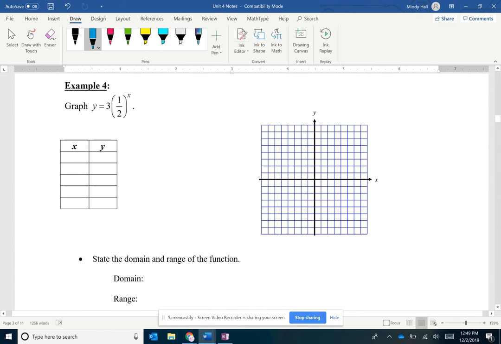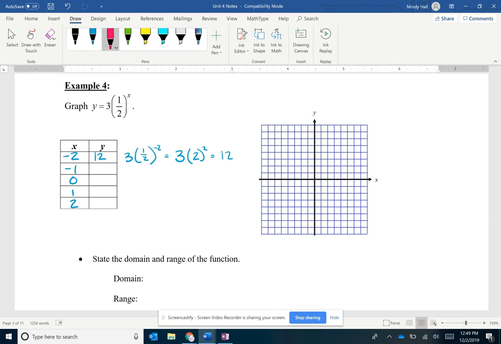Okay. So for number 4, still using the same x values, negative 2, negative 1, 0, 1, and 2. So when we plug that in, we'd have 3 times 1/2 to the negative 2. So think about it. That 1/2 gets flipped, so now it's like 2 squared, which would then be 4, and 3 times 4 is 12.